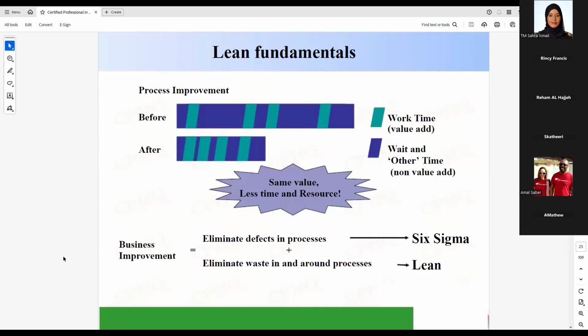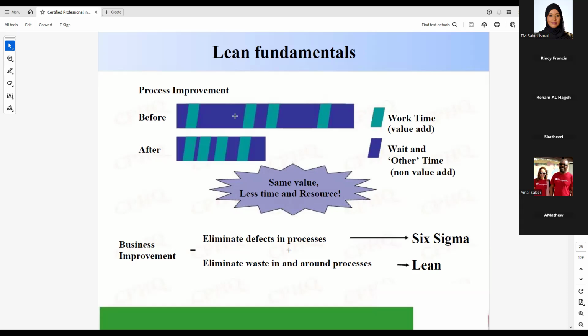This is the lean fundamental. Now, any lean process that you talk about, remember, for example, this is the process before you implement lean, and they're saying that the green color is the value added, and the blue one is non-value added.